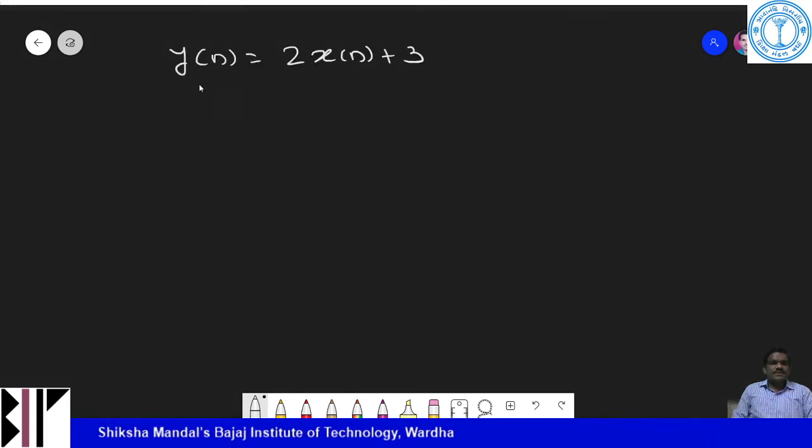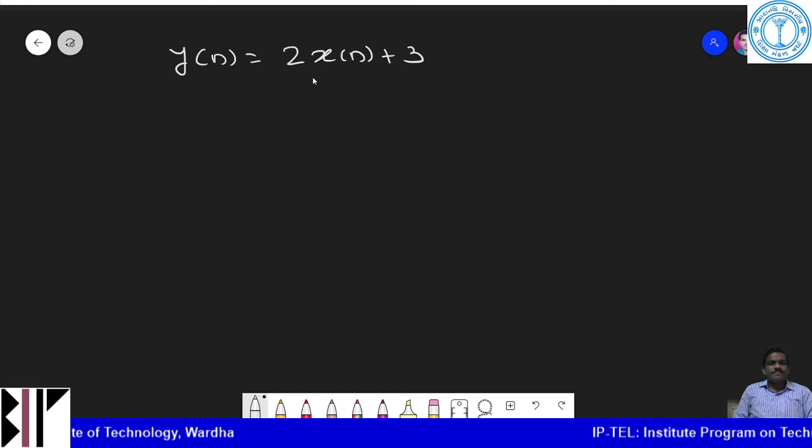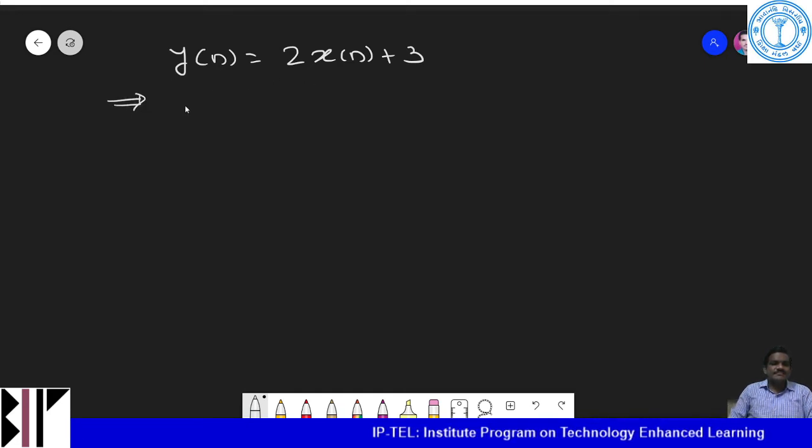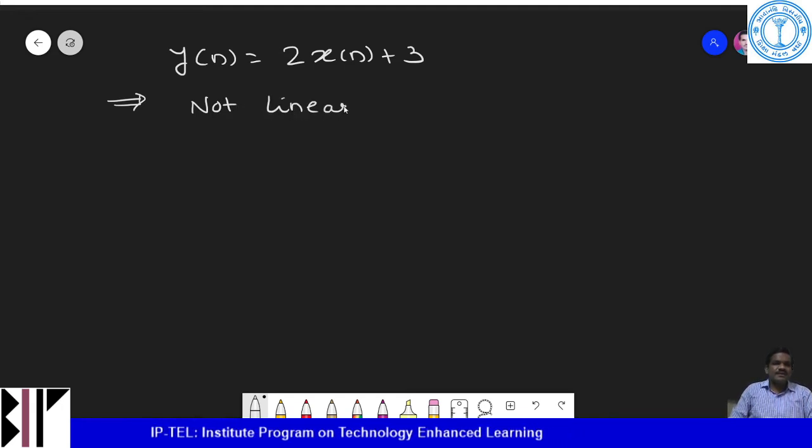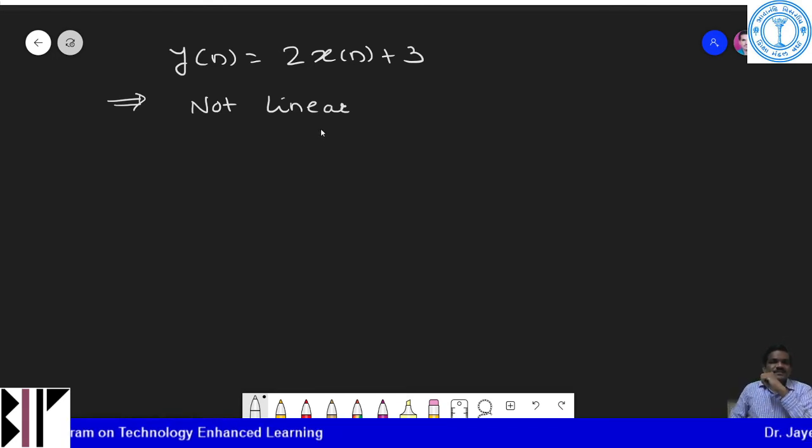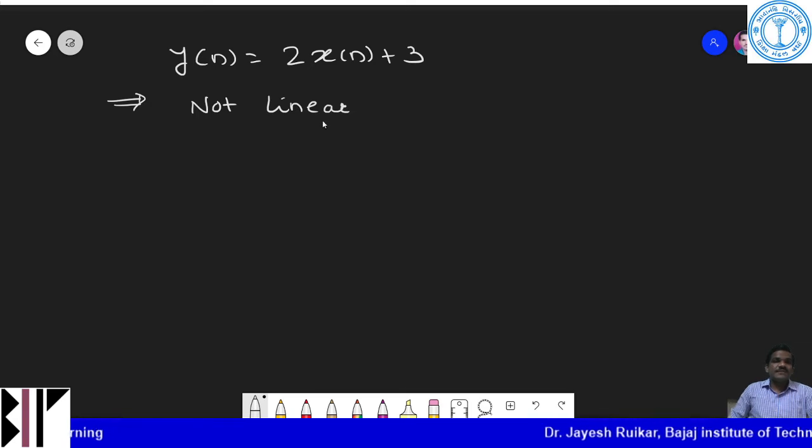Okay, now let us consider y of n is equal to 2 times x of n plus 3. By looking at this, you can say that the system is not linear. Because when you check its linearity principle, or superposition principle, you will find that the system is non-linear. I will tell you in another way.